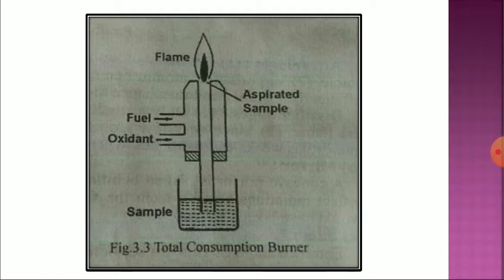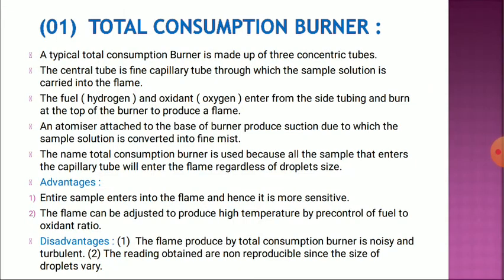This is the figure of the total consumption burner. Now we will see its advantages. First advantage: the entire sample enters into the flame and hence it is more sensitive. That means the entire sample solution is used in the flame, that's why it will be more sensitive.